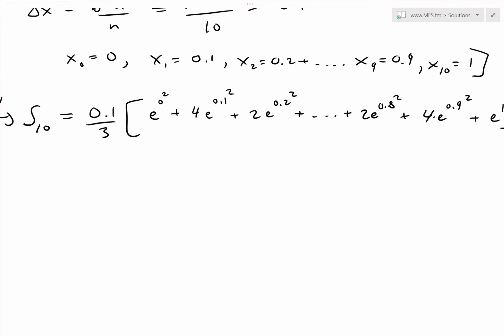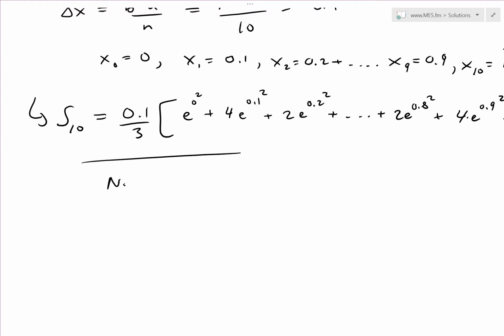Before we solve that, let me make a simple note on these calculations. 0 squared just equals 0, which is 0 times 0. If we get 0.1 squared, this equals 0.1 times 0.1, and we just move the decimal place, so we get 0.01.